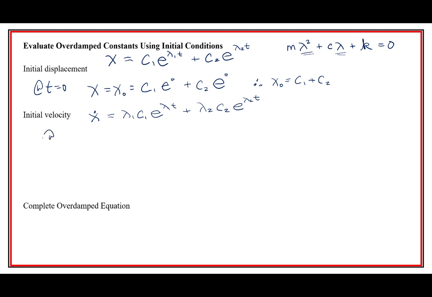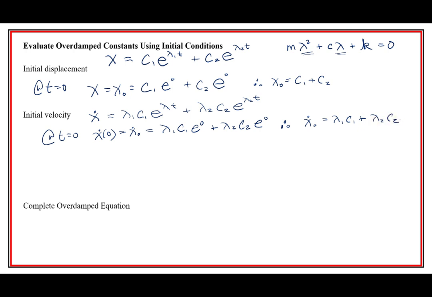So at t equals 0, x dot naught is going to be equal to lambda 1 C1 e to the 0 plus lambda 2 C2 e to the 0, and therefore x dot naught is equal to lambda 1 C1 plus lambda 2 C2.